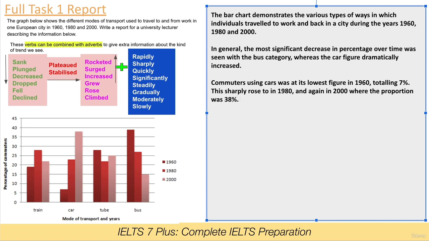Okay, so we're talking about cars firstly. So commuters using cars was at its lowest figure in 1960, totaling 7%. This sharply rose in 1980 and again in 2000, where the share was 38%. Okay, then, so that's cars.